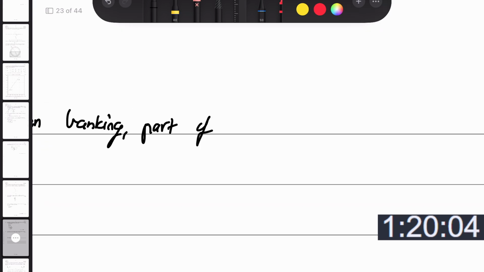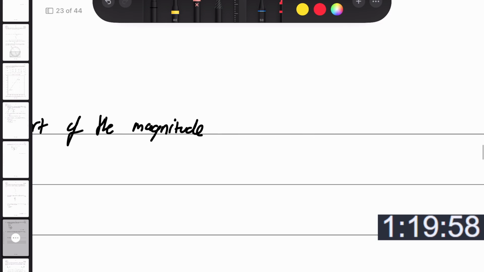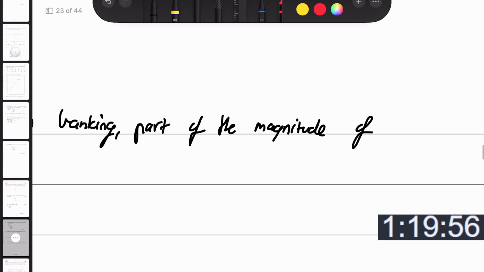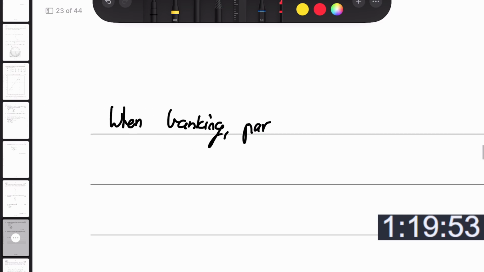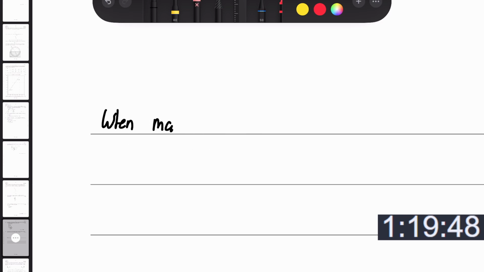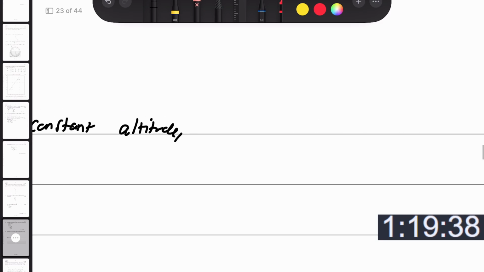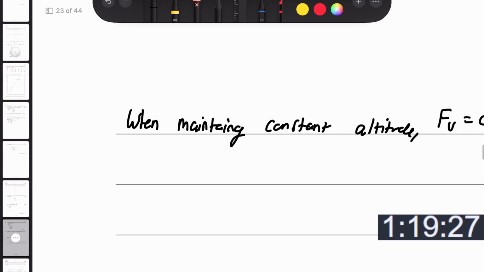Okay wait, hold on, I'll say this. When maintaining constant altitude, F vertical is 0, therefore reaction equals F of G.